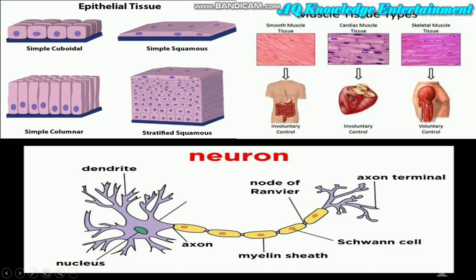The nervous tissue cells are also called neurons. You can see the structure of the neuron. Just a minute, let me annotate and show you all.